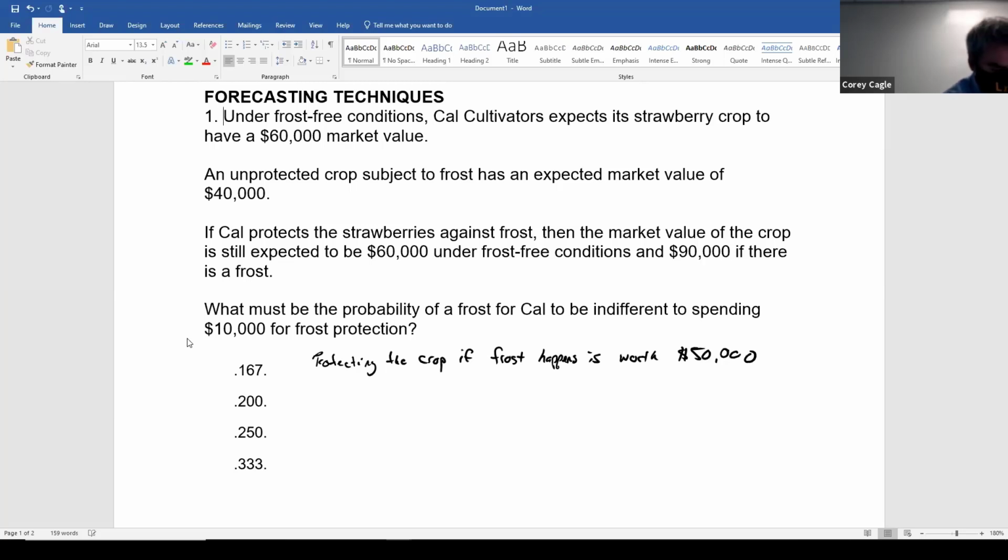Right, 90,000 protected minus 40,000 unprotected. That's what it's worth if they protect the crop if frost happens. That's what they get out of that, right? Now you have to pay $10,000 for this thing that won't necessarily happen, right?